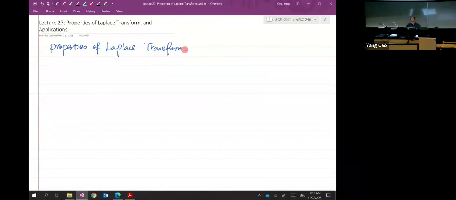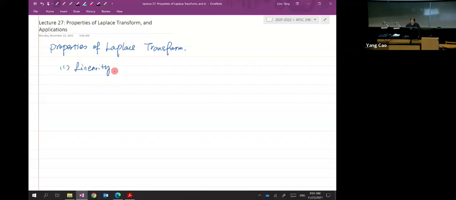Properties basically means something that you could actually make use of later for your calculation of the Laplace transform of certain functions. So the first property is linearity. We talked about this already, so I'll just write it down.